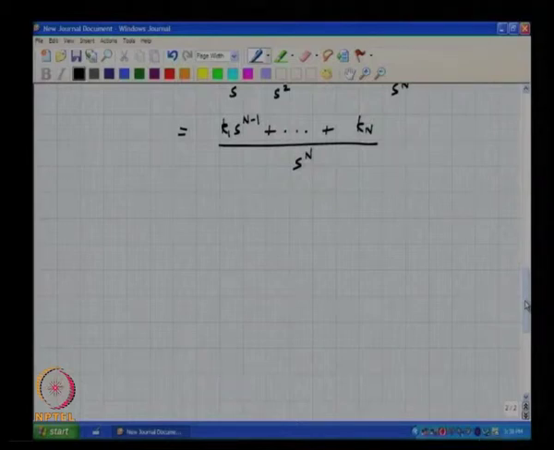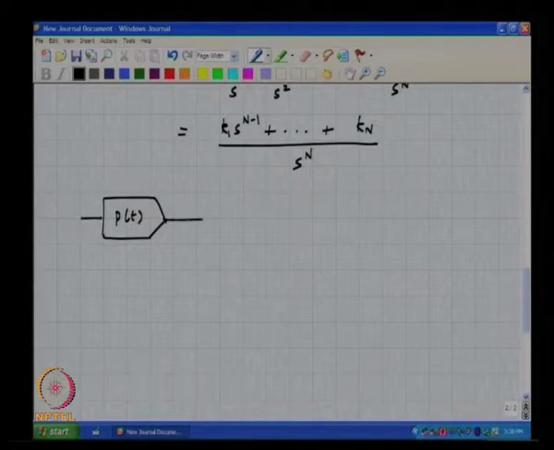So, what will you do? You have p of t, let me just take an example. This is our generalized loop filter.